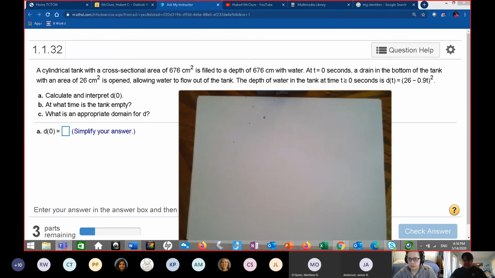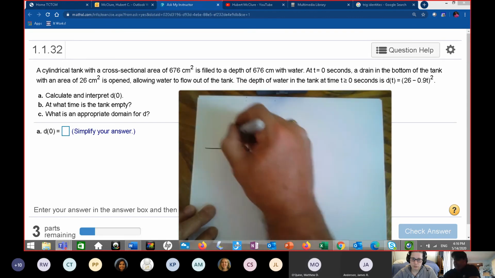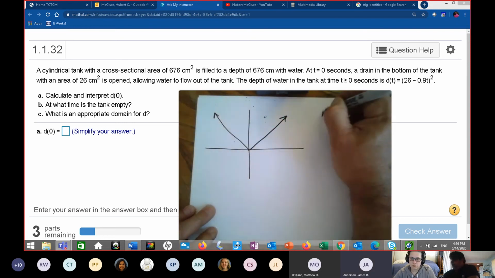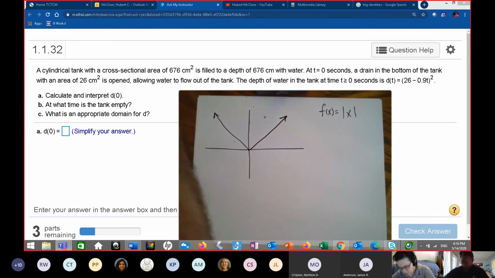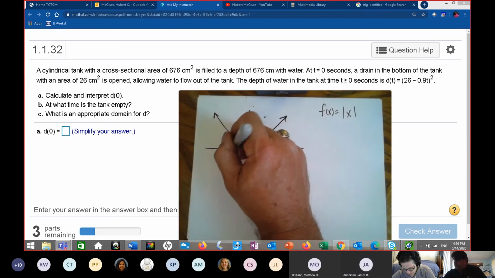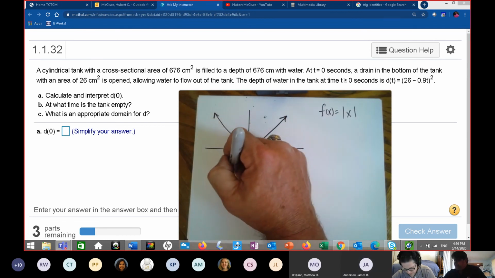So the absolute value function, just like absolute vodka, starts with a V. f of x is equal to the absolute value of x. So if I do this, give me my peach, my pink. 1, 2, 3, 4. 1, 2, 3, 4, 5, 6.